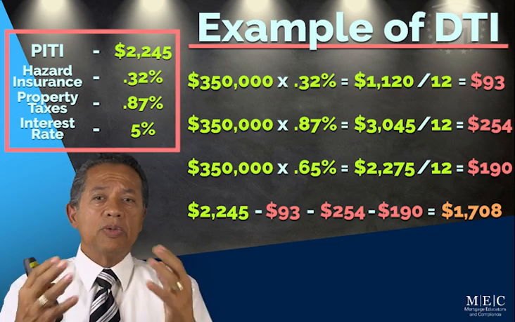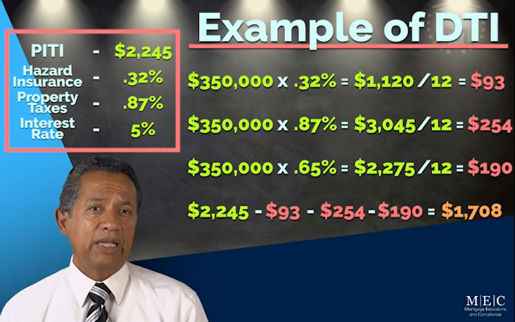Now, we're doing this slowly so that you can do it with a pencil and paper. You don't necessarily have to do that in this day and age because we have loan origination systems, LOSs, that will calculate these things for you. You can do it with a financial calculator if you have one. So again, $1,708, hit the payment button.